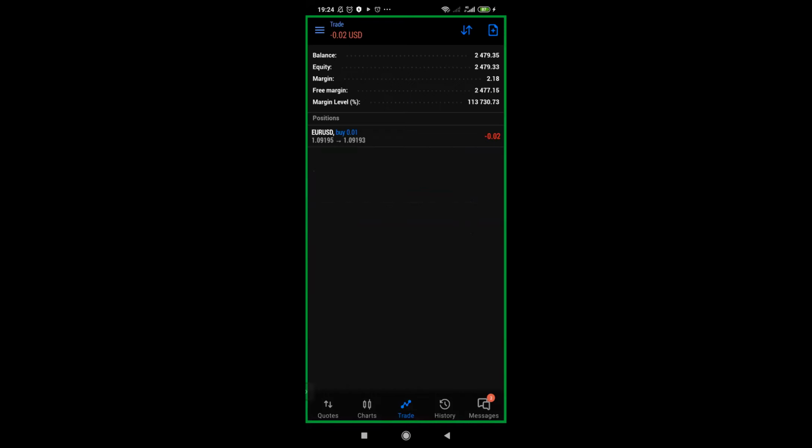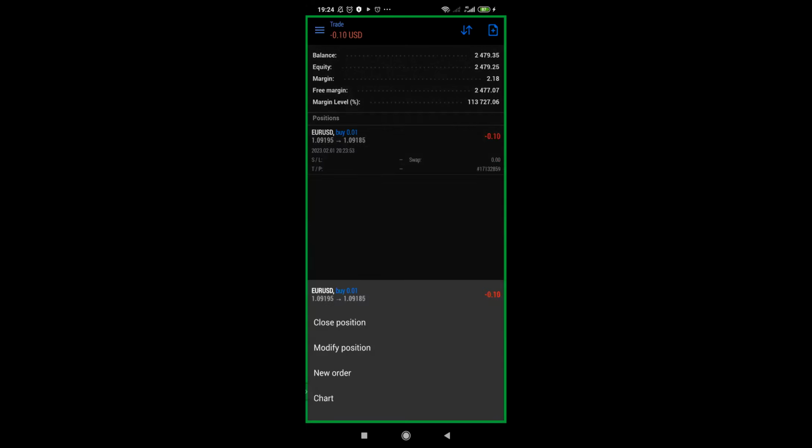And then in real time, you can see how much you are making. So right now, I'm in a loss of 2 cents. All right. So if I want to modify this trade to possibly add a new stop loss or a new take profit, you can just tap on it for like 1 second.